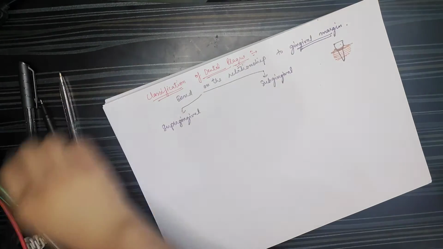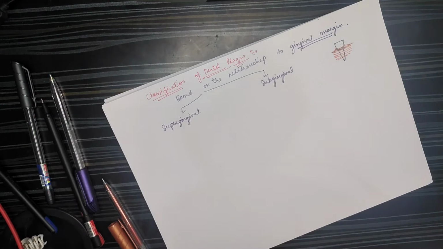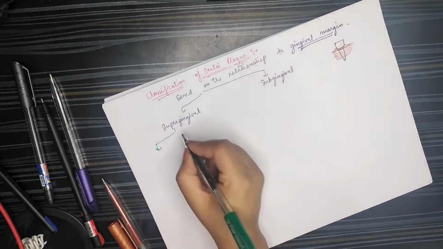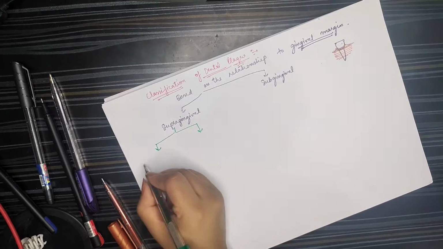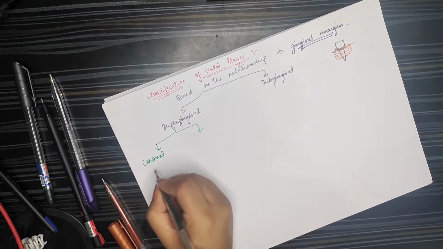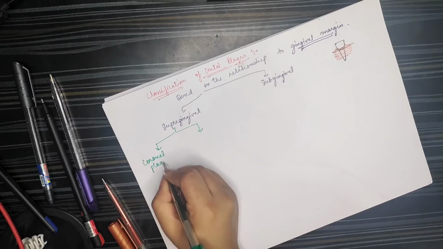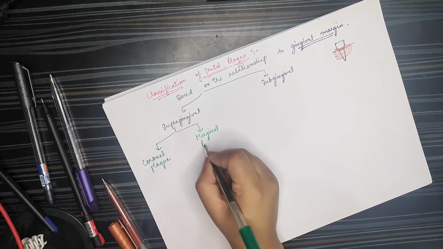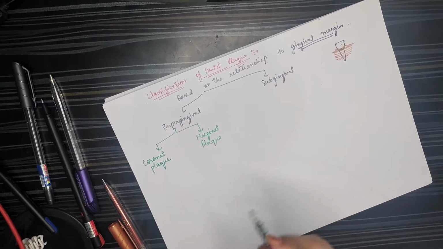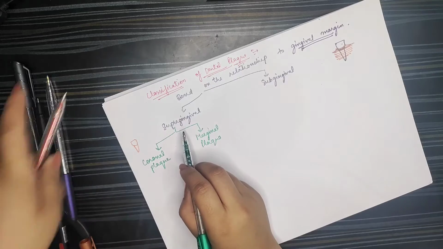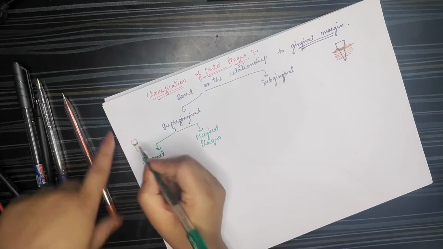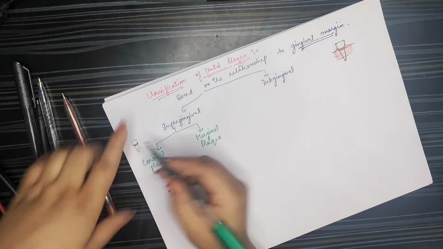Now this supragingival and subgingival are further classified. First, supragingival is further classified into coronal plaque and marginal plaque. As it is supragingival, it is obviously above the marginal gingiva, so we don't have to look below it.